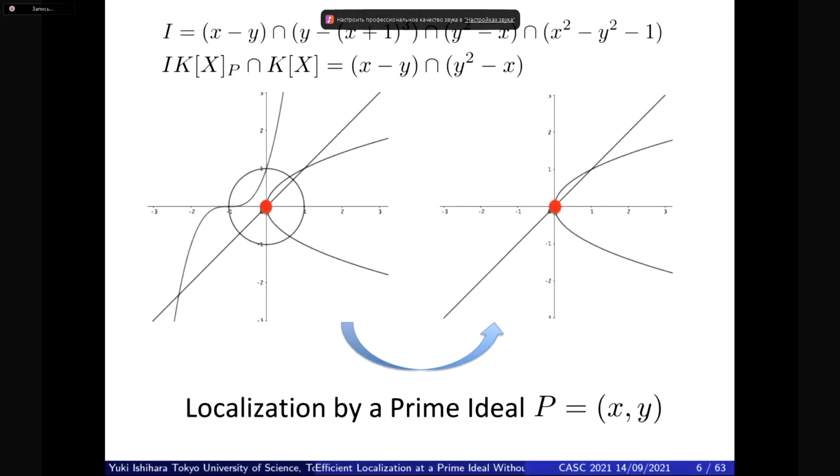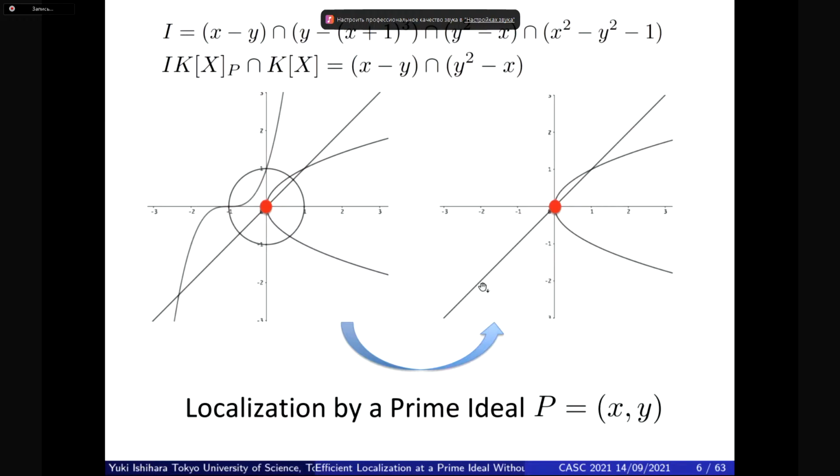The geometrical image of localization is like this. This is a picture of this ideal I, and when we localize I by this maximal ideal, which corresponds to the origin, then the localization of I at the prime ideal P is just like this.